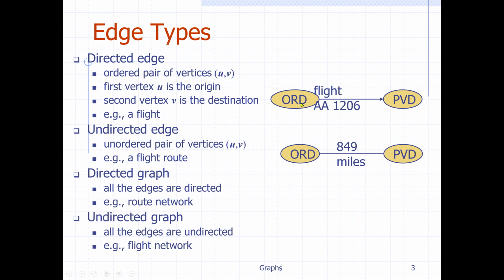So here we represent from ORD to PVD. But the distance can be the same in any direction. So the definition here: we say a directed graph is when all the edges are directed. An example would be a route network. An undirected graph is when all the edges are undirected in the graph. An example is a flight network.